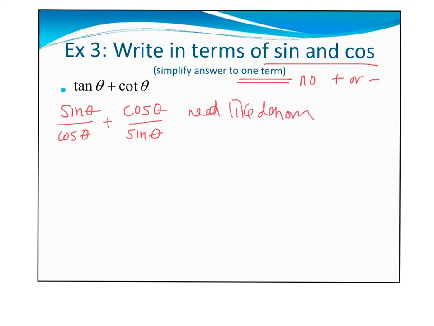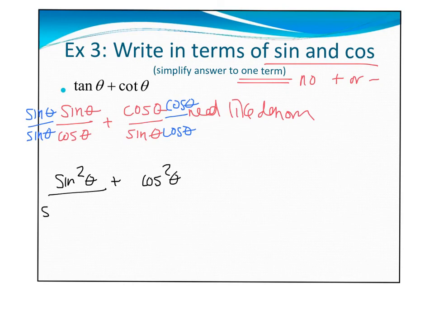So to get like denominators, I'm going to multiply my left fraction by sine theta over sine theta, and my right fraction by cosine theta over cosine theta. Now what I end up getting is sine squared theta plus cosine squared theta, and both of these are over the common denominator of sine theta cosine theta.